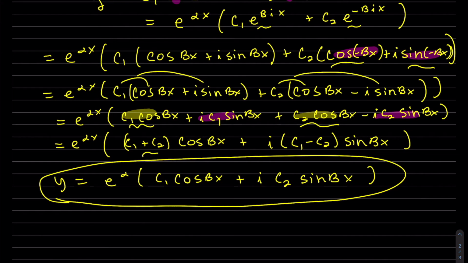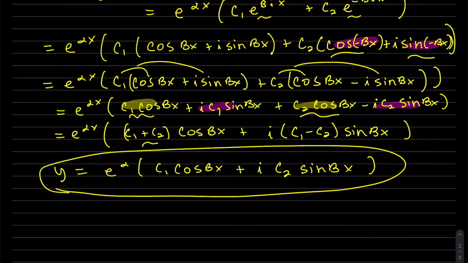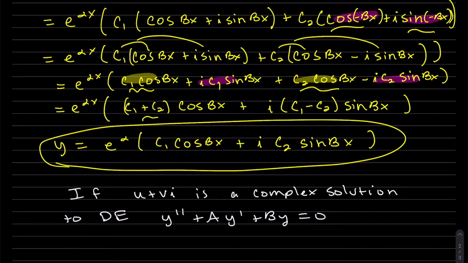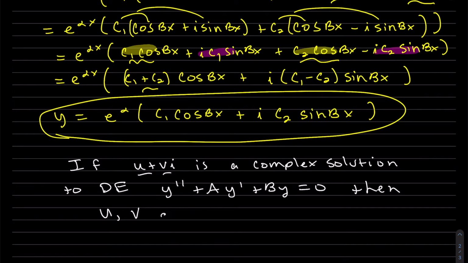Before I go on, I do want to prove to us something that will help us in this. And basically, here's the statement that I'm going to prove. If u plus vi is a complex solution to the second order dE, then u and v, which are real, those are the real parts to the complex number, are two real solutions to the dE.